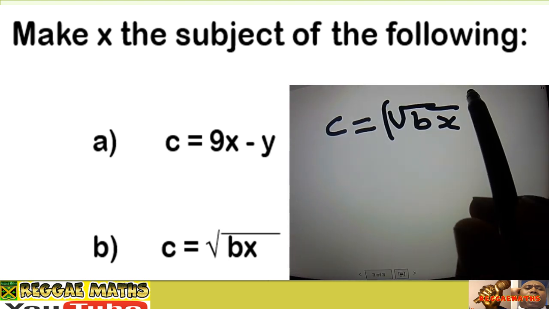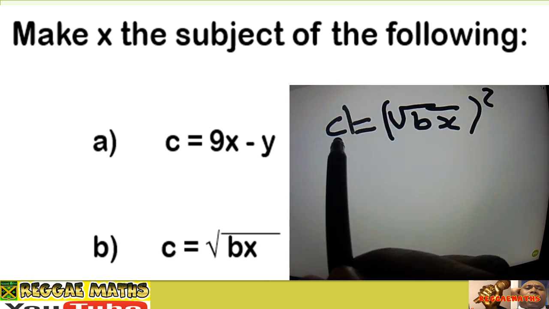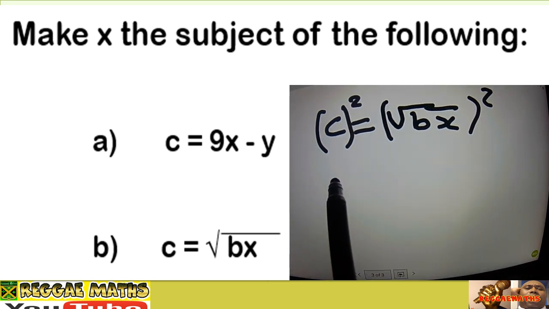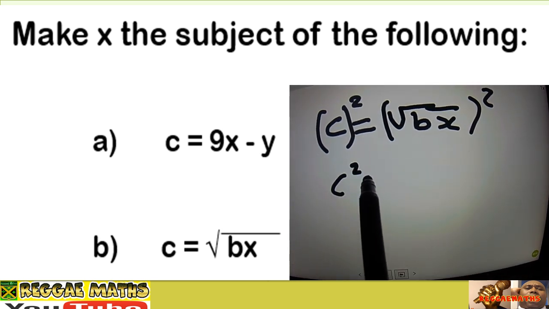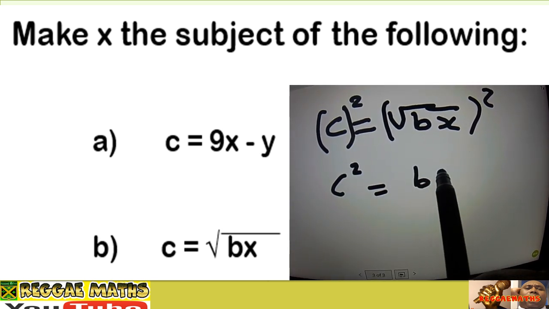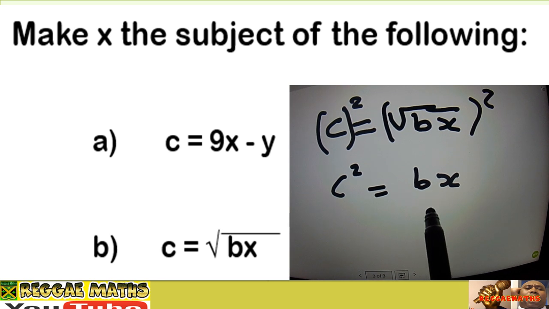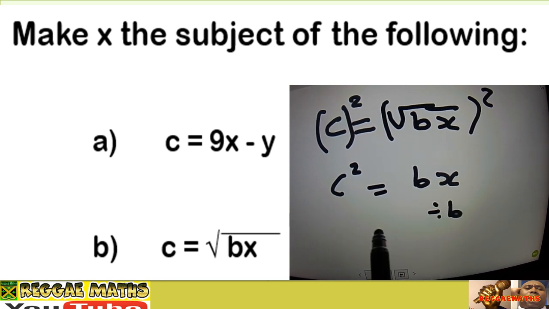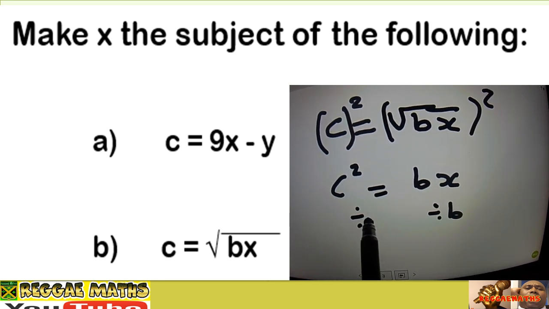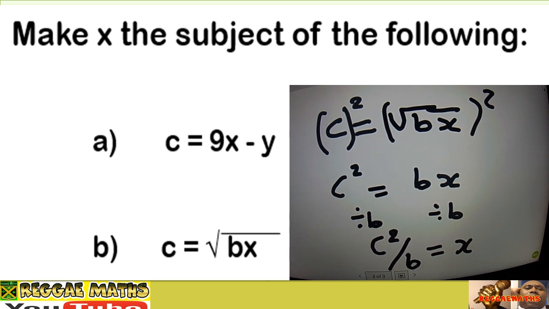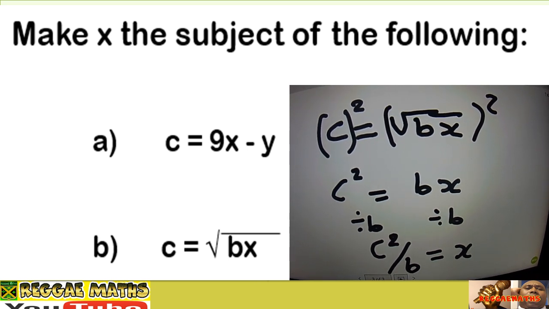So if I square both sides, I get rid of the square root. So I'm going to have c squared equals bx. And then to get x on its own, I need to divide both sides by b. Divide both sides by b. So it's c squared divided by b equals x. And x is on its own.